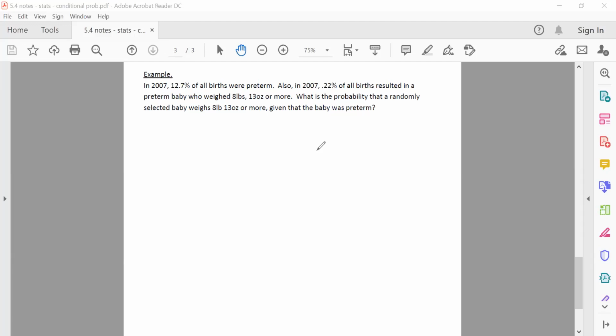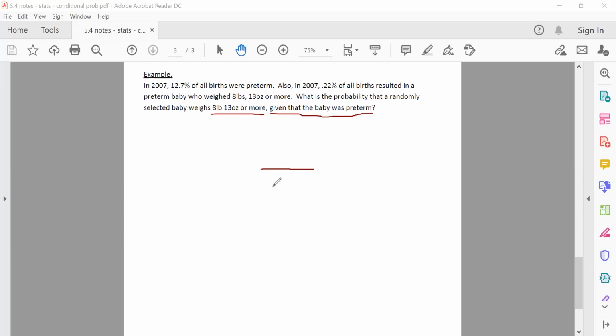What is the probability that a randomly selected baby weighs 8 pounds 13 ounces or more, given that the baby was preterm? So we're given that the baby is preterm. So our denominator is going to be the probability that the baby is preterm.